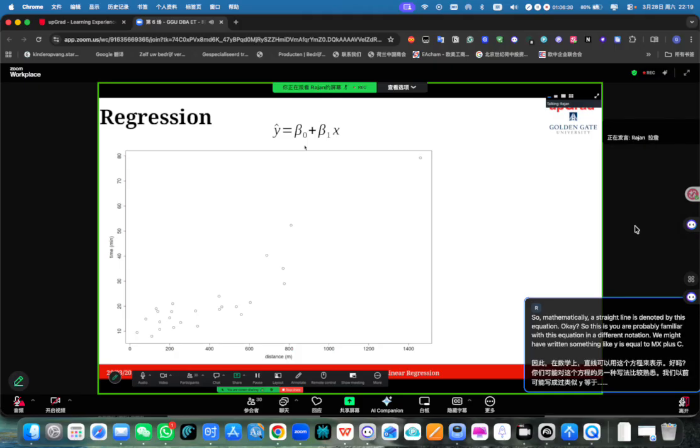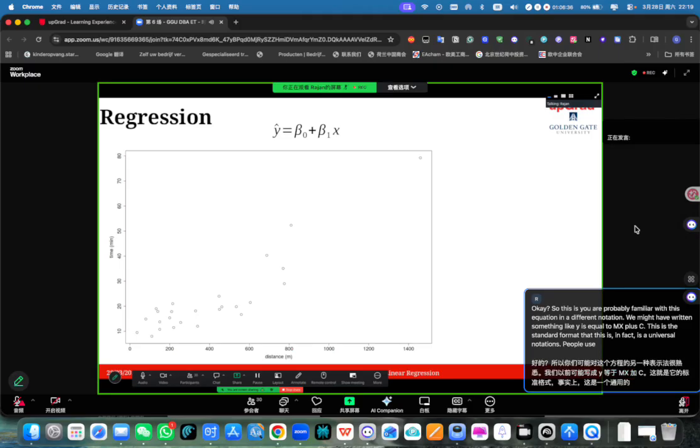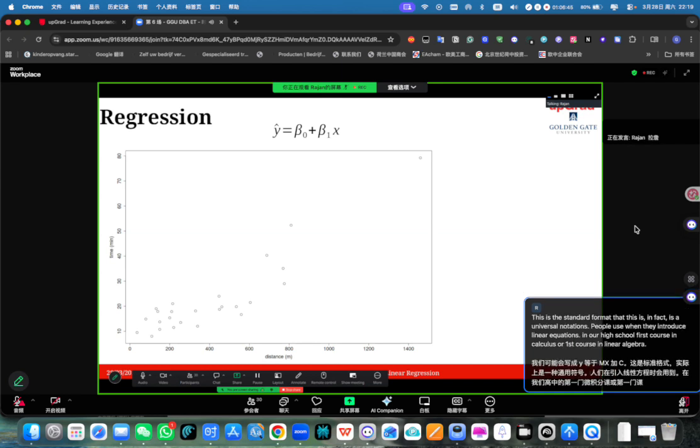This is a universal notation people use when they introduce linear equations in our high school first course in calculus or linear algebra or geometry.